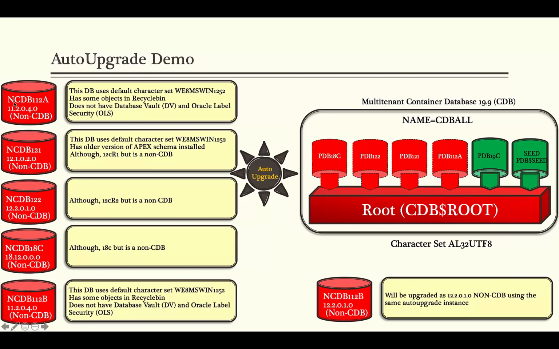As an example, I have a 11.2.0.4 database, which is a non-CDB architecture. The name of that database is NCDB112A. Some of the features of that database are: it uses a character set, WE8MSWIN1252, which was back then the default database character set.